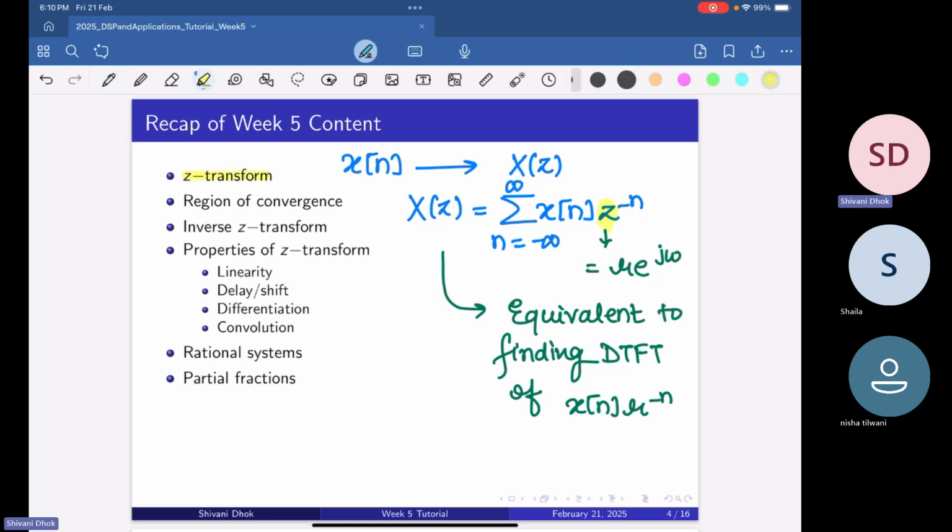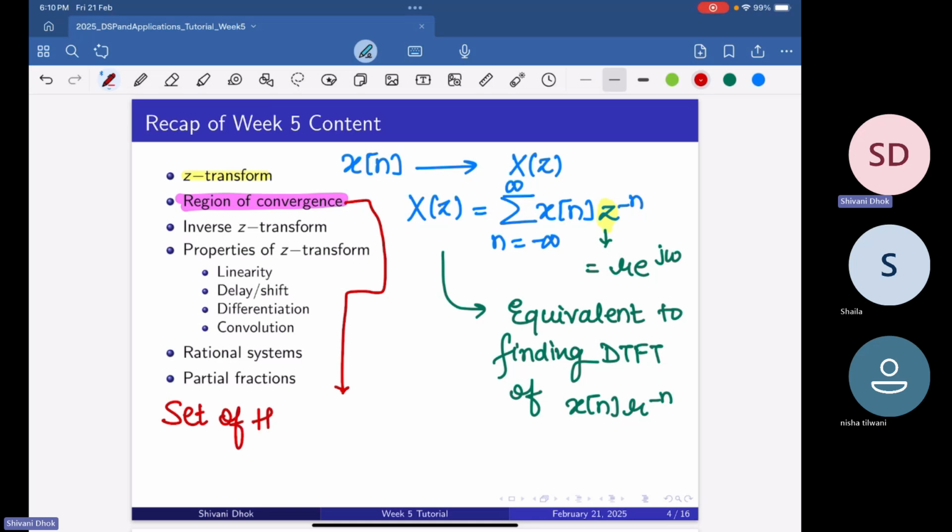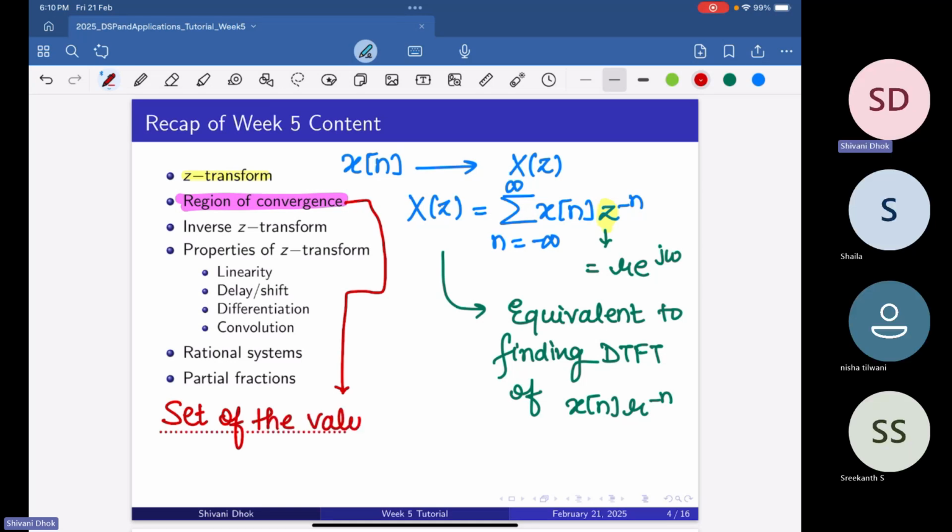Another important concept associated with this Z transform is its region of convergence. So this region of convergence is the values of Z, or rather to be very precise, this is the set of the values of Z for which x of Z converges.